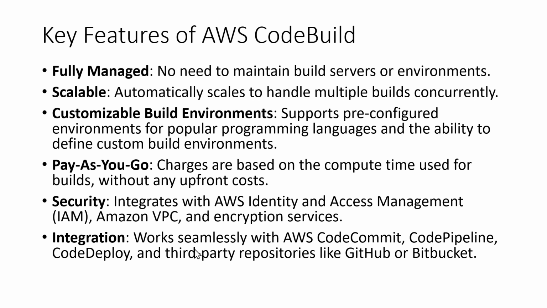And integration: it works seamlessly with AWS CodeCommit. Initially we should start with CodeCommit or Git, followed by CodeBuild. For the build procedure and automation, the pipeline should be created, right? And also for the deployment, and third-party repositories like GitHub or Bitbucket can be integrated with CodeBuild. So these are the features of CodeBuild.